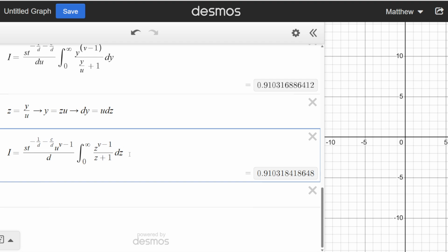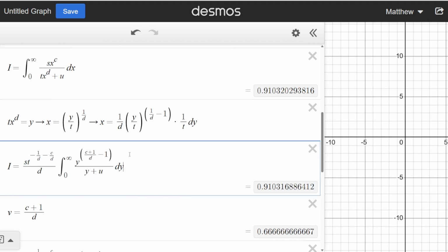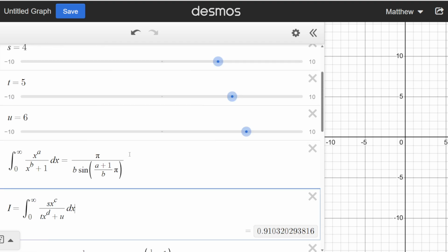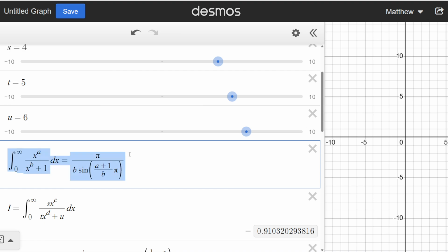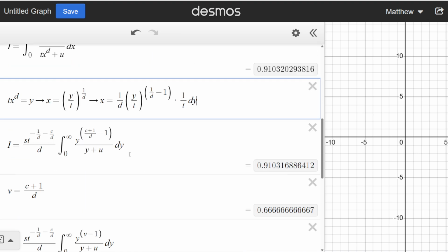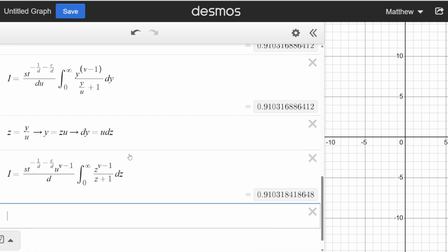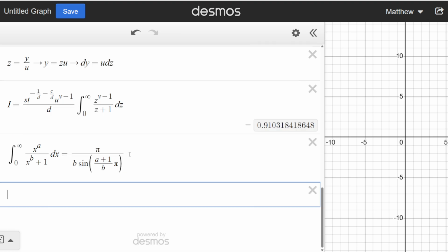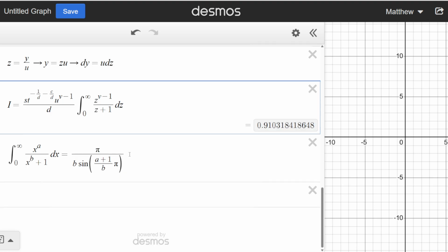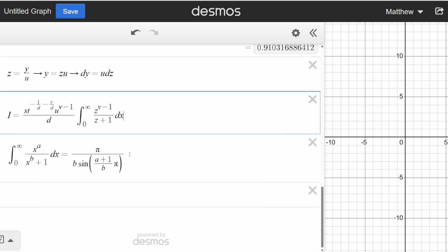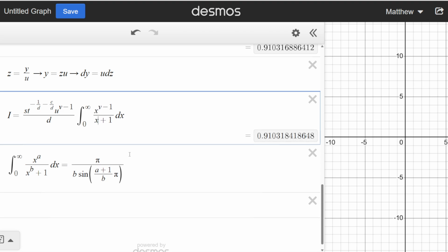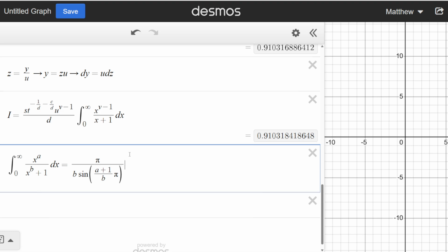Now, this integral right here is in a form that we can just plug into this formula up here. All right, so I'm going to cut it and paste it down here. I'm going to change this dummy variable to x. All right, so let's see.